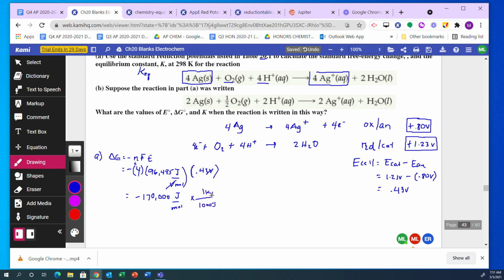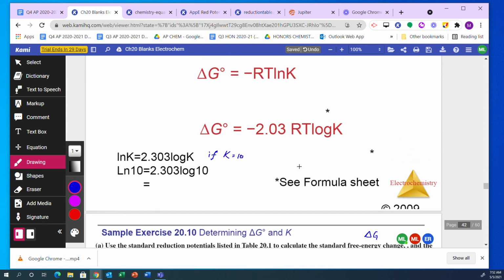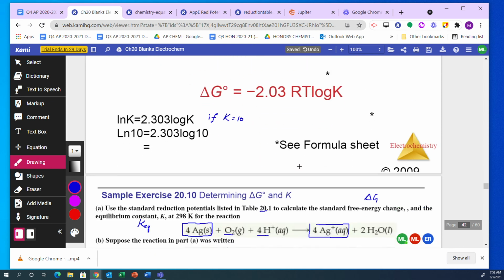It's probably better to report it in kilojoules because it's so big. 170 kilojoules per mole. Okay, so that's how you get the delta G. On the next video, I'll teach you how to find the K equilibrium.